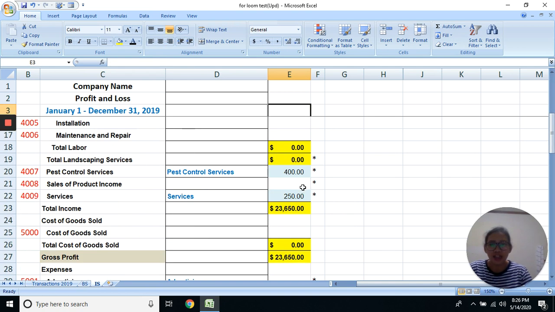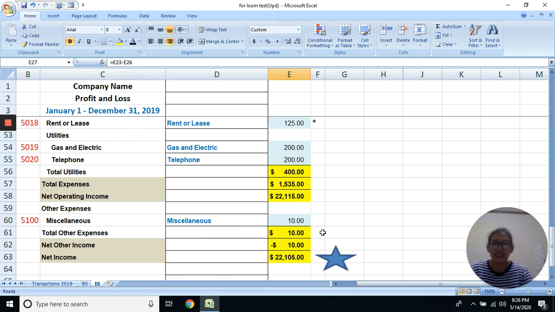So the income less the expenses, the net operating income is 22,115, but we have another other miscellaneous expenses amounting to $10. So our net income is 22,105.